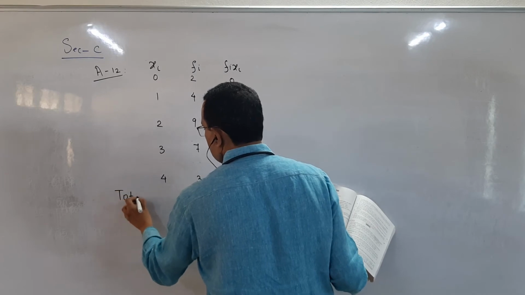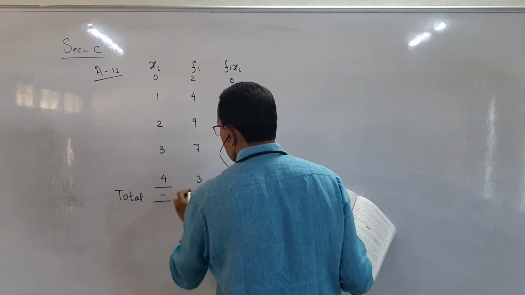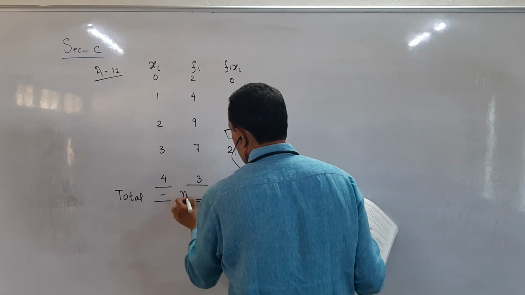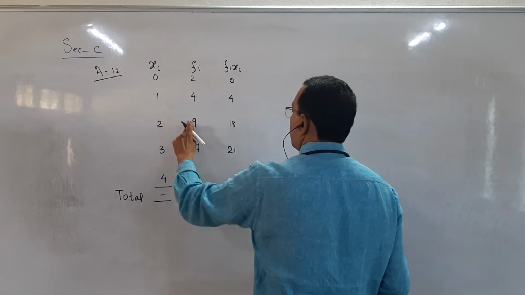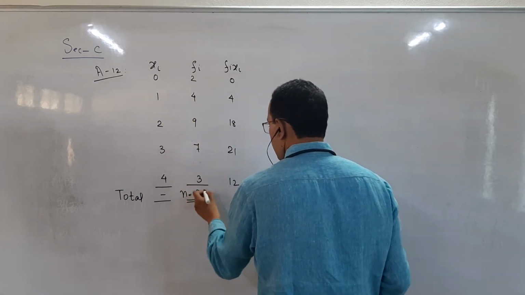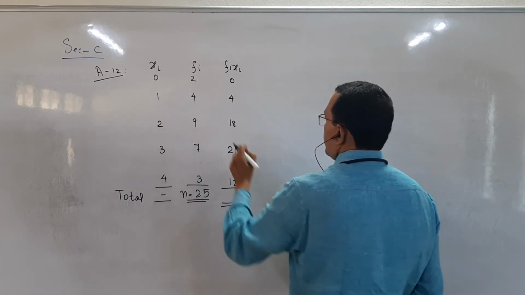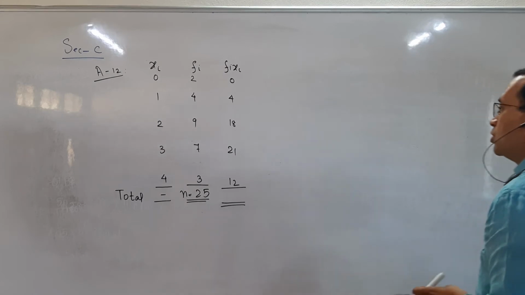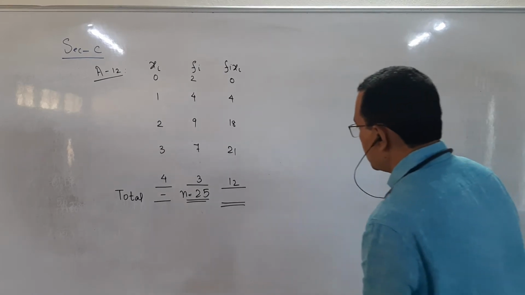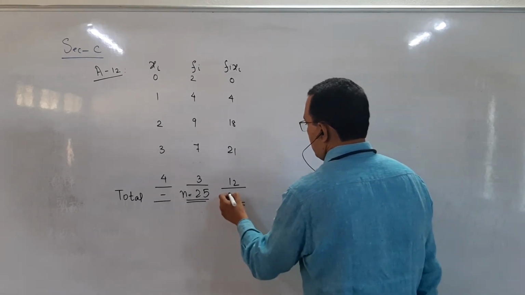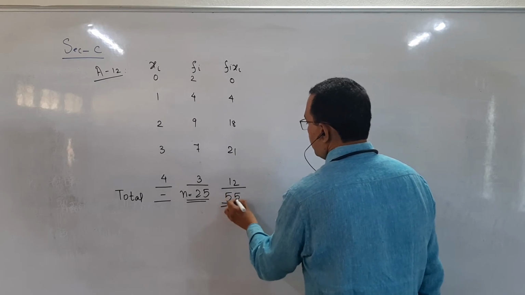Total of fi, n is equal to 25. Total of fixi, this is 0 plus 4 is 4, 4 plus 18 is 22, 22 and 21 is 43, 43 and 12, 55.